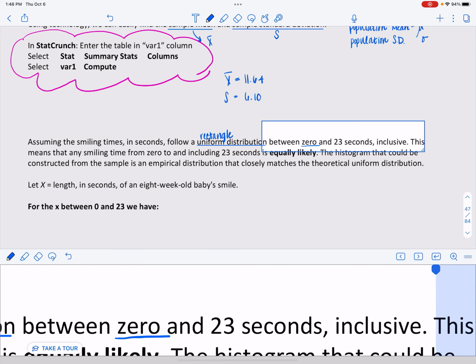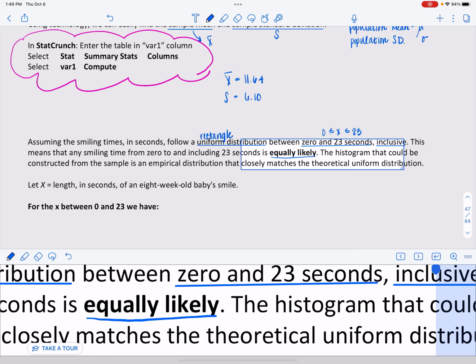Between 0 and 23 seconds, inclusive. So that means our interval includes 0 and includes 23 seconds. This means that any smiling time from 0 to and including 23 seconds is equally likely. So everything has the same chance to occur. The histogram that can be constructed from the sample is an empirical distribution that closely matches the theoretical uniform distribution.